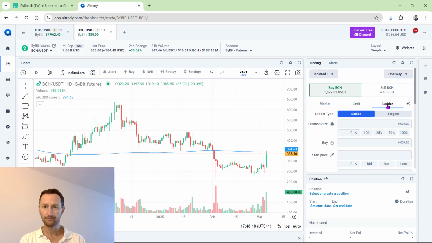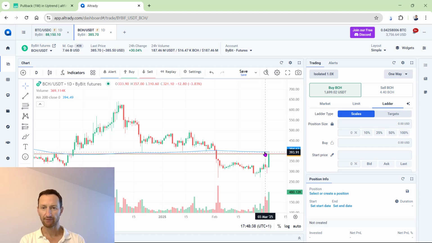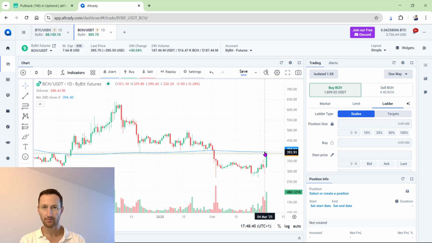So based on the technical analysis, trade setups on altFINS, I'd like to short sell Bitcoin Cash or BCH at the level of the 200-day moving average, which is a resistance area, and somewhere above it as well.